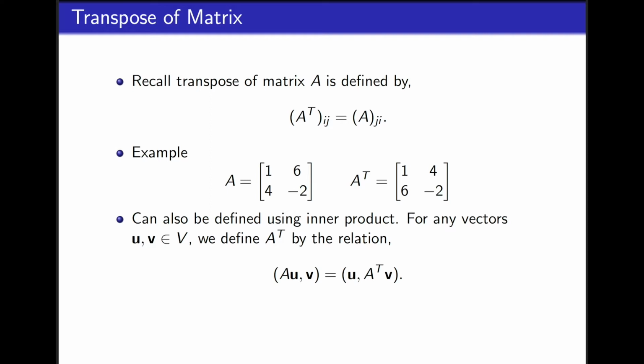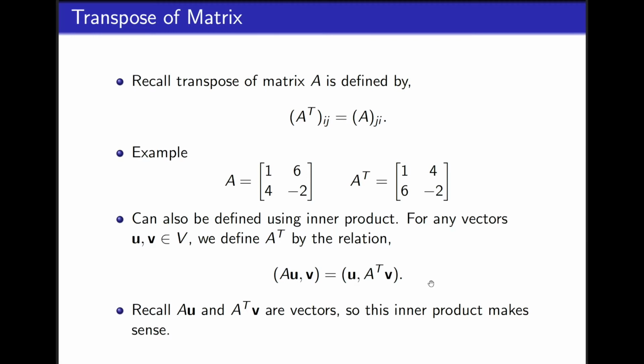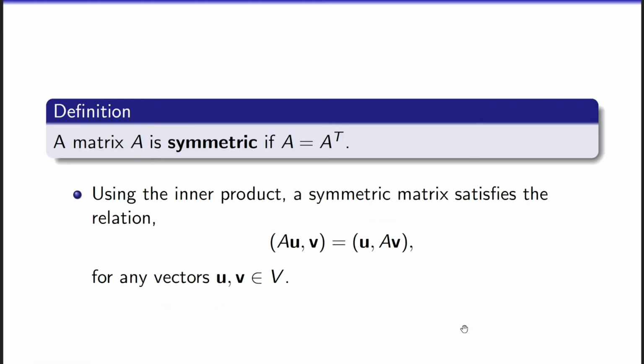So this transpose operator, A^T, will satisfy this entire bilinear identity. Remember that A acting on u and A transpose acting on v are both vectors, so really what we're doing here is just an equation considering the inner product of two vectors. A matrix is called symmetric if it's equal to its transpose.